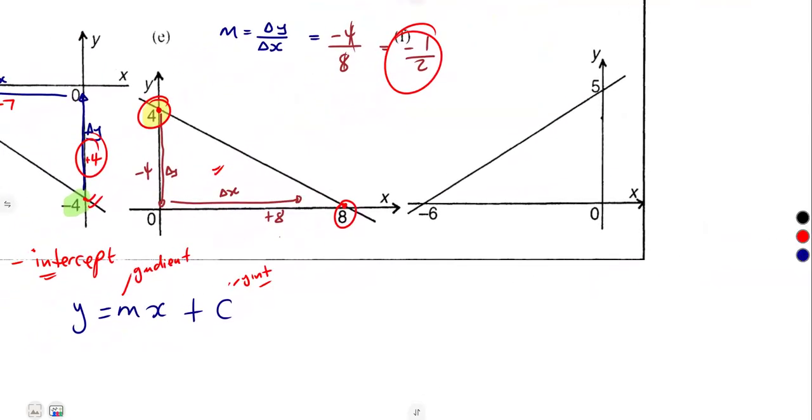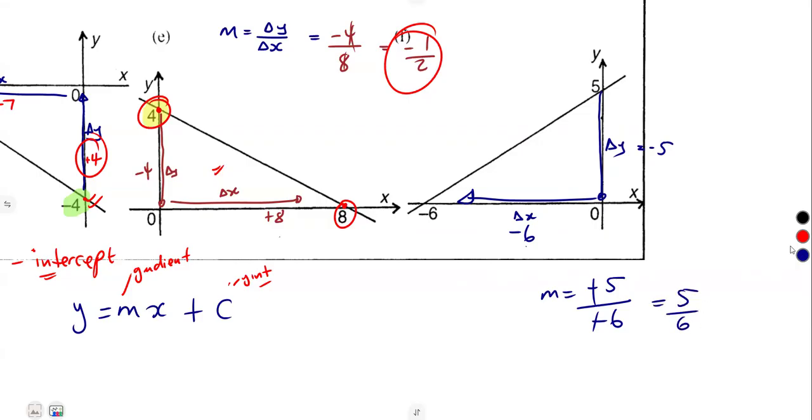All right, the last one here, the change in y over change in x, the gradient. We've got our L. So this is our change in y, our change in x. From 5 going down to the negative values, that's negative 5. From 0 going this side to the negative, that's negative 6. So our gradient is change in y, negative 5, over change in x, negative 6, which is 5 over 6.